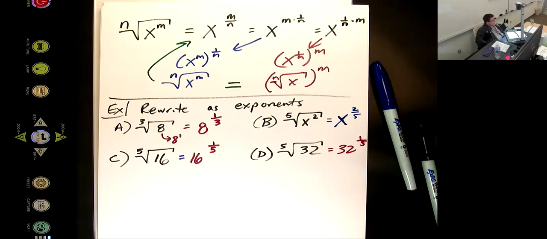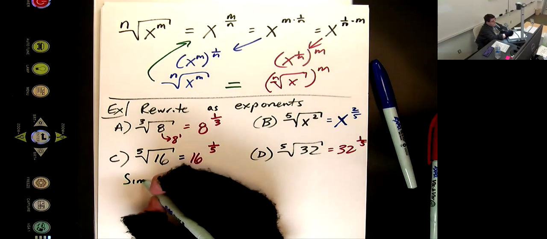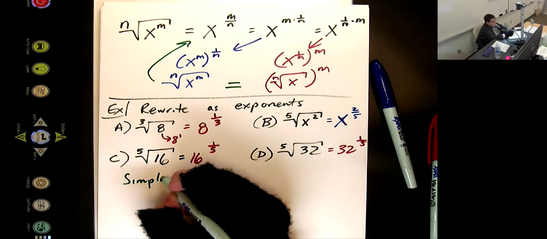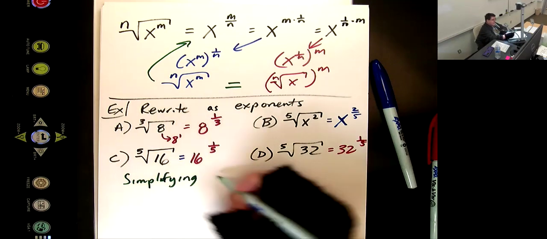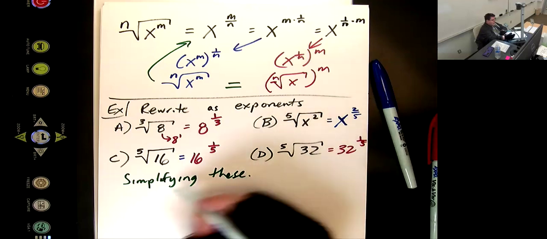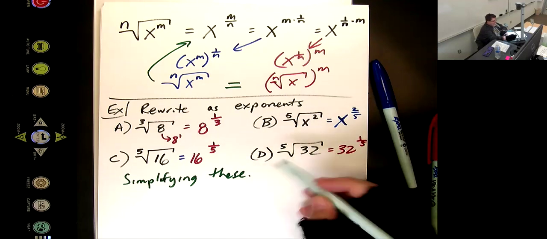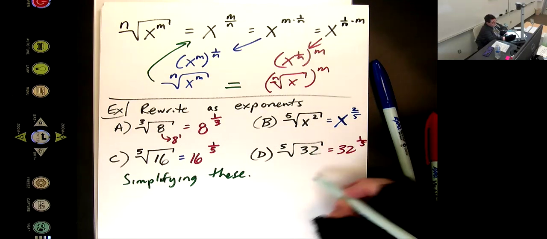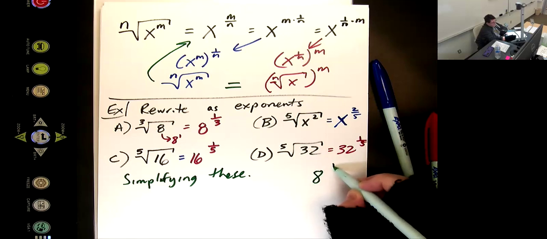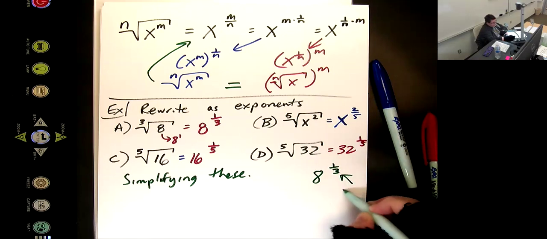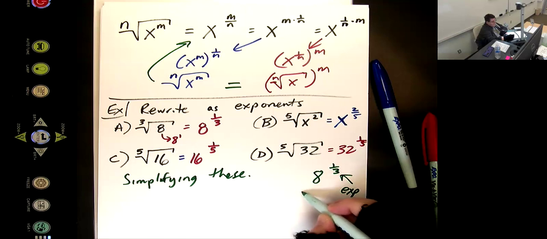Now, some of these simplify more. So when we talk about simplifying these, when we have them written as like 8 to the 1/3, that's the exponent. You've heard me say it, but this is called the base.